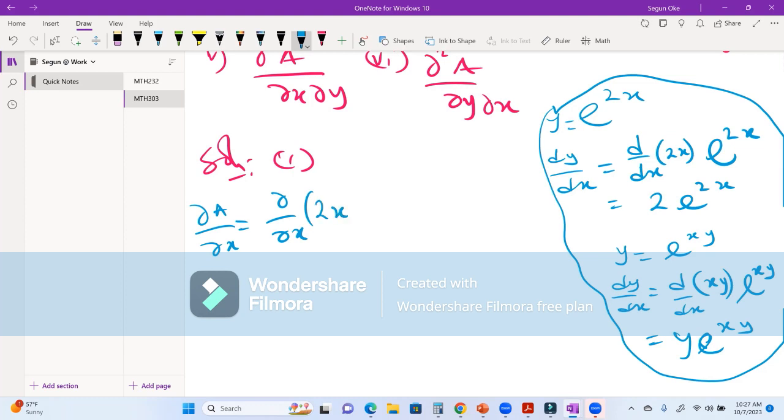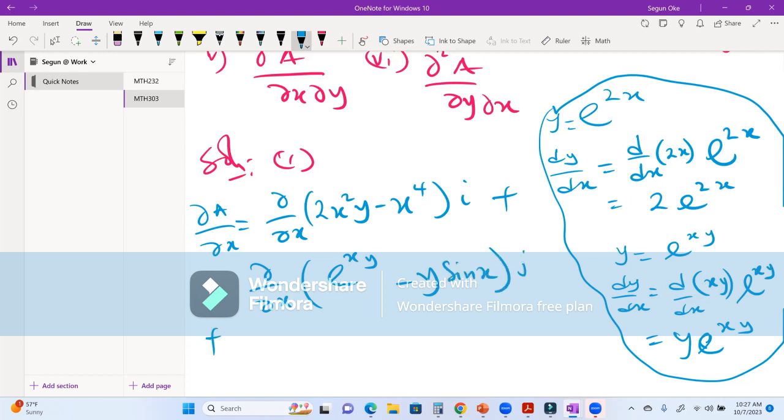It's going to be d dx of 2x squared y minus x raised to power 4 i, plus d dx of exponential xy minus y sin x j, plus d dx of x squared plus y k.